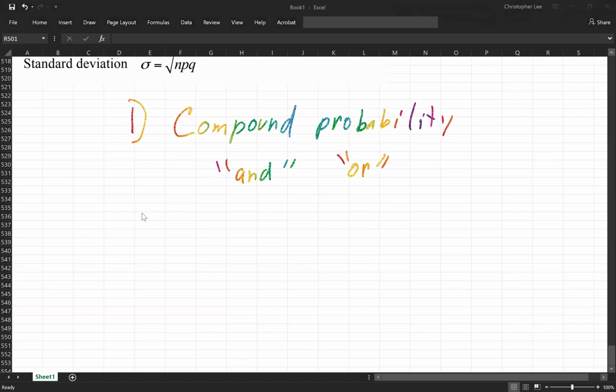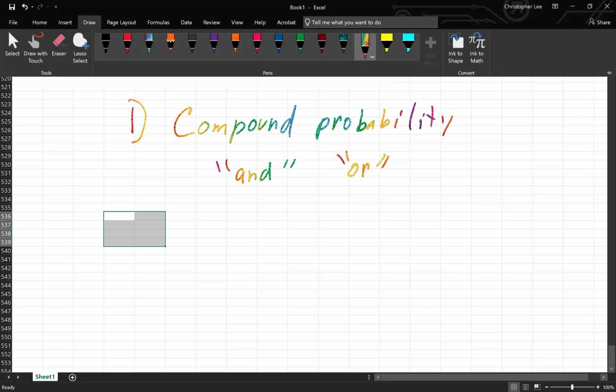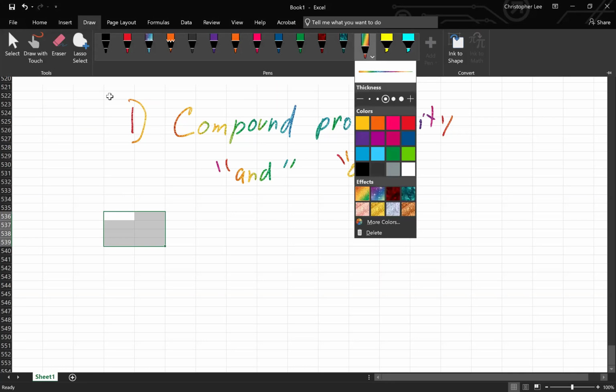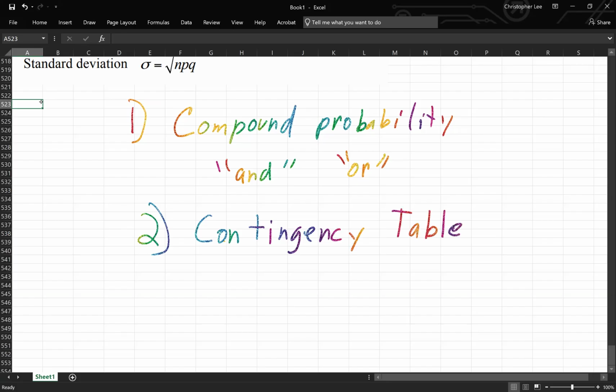Contingency tables, that's going to be on there too. That's the one where you had the grid, and then I ask you, what's the probability of Democrat?